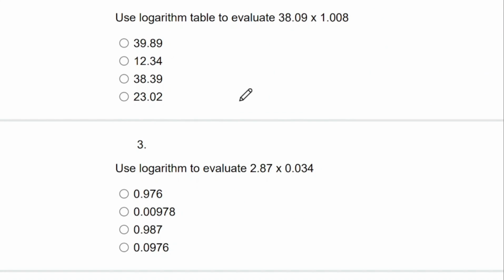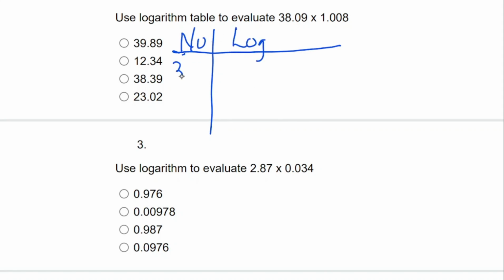Under question 2, we're going to do the same thing. Let's have the number and then the logarithm. The number is 38.09.